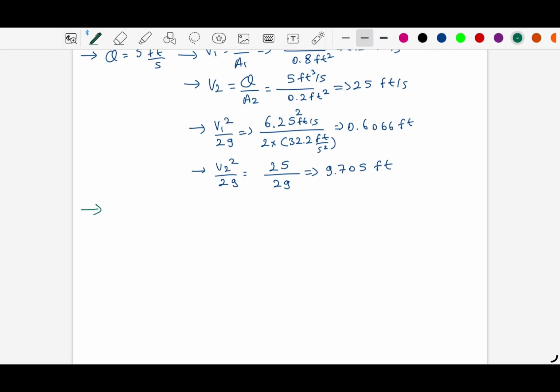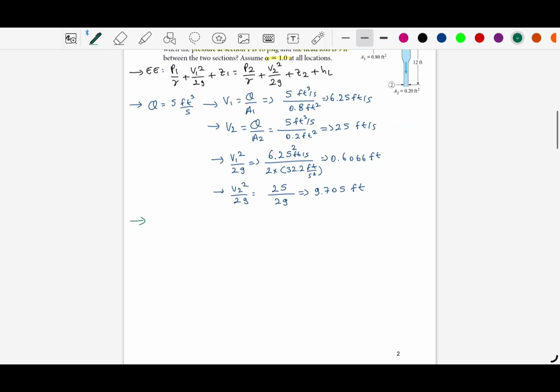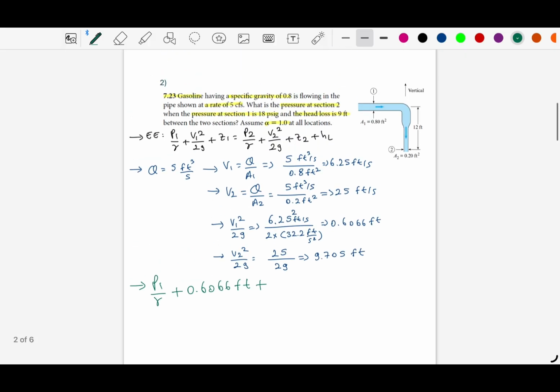So from the energy equation, we have P1 over gamma plus V1 square over 2g, 0.6166 feet, and we have Z1.